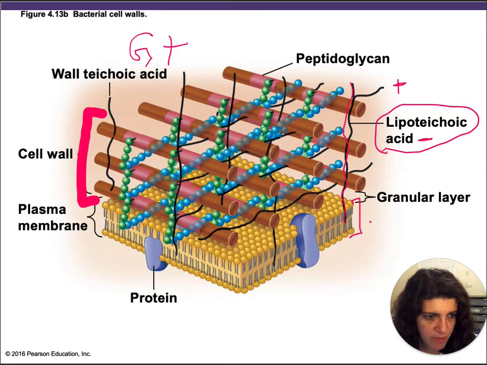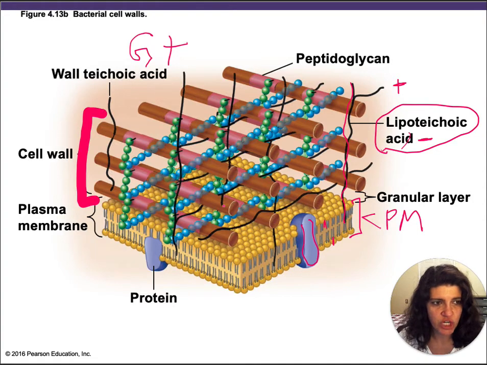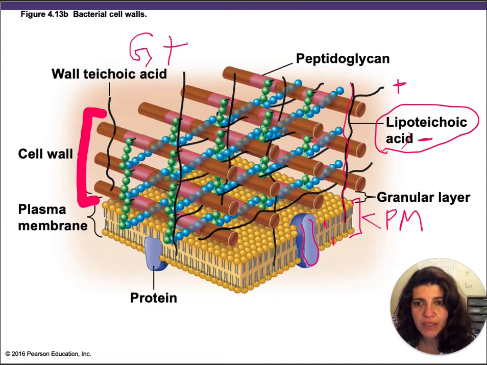This is the plasma membrane, with proteins embedded in it, the phospholipid bilayer, just like in our cells, right? That's pretty much what I want to tell you. The difference between lipoteichoic and wall teichoic acid is not much. One has lipid, the other doesn't, but they both have this function of attracting positively charged ions.